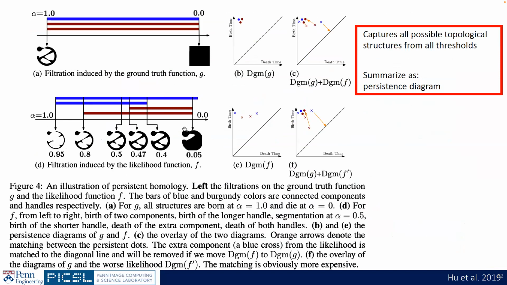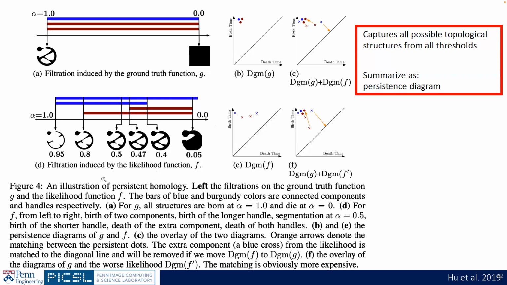Look at this particular figure. You already know what the ground truth looks like. I'm going to vary my alpha, which is some constant, from 1 to 0, from left to right. Remember the likelihood function was f. At different thresholds, you'll get different segmentations. Going from left to right, I am taking my likelihood function f and thresholding it at different probability values.